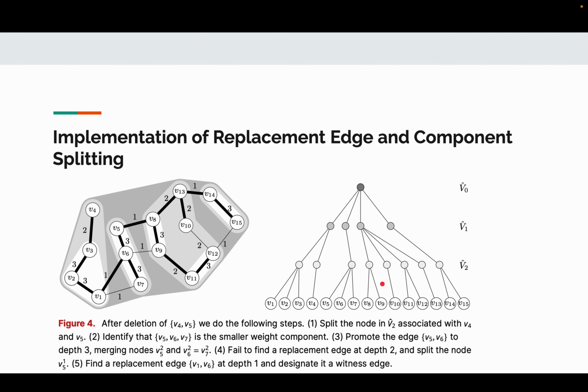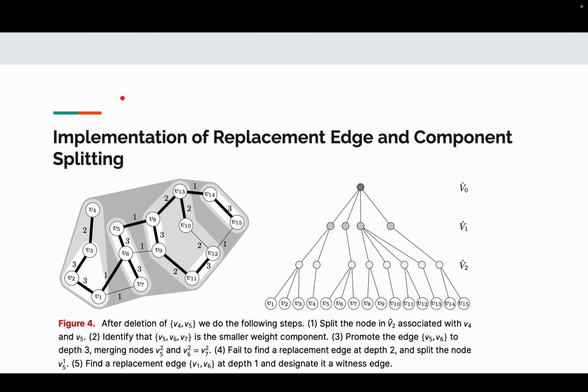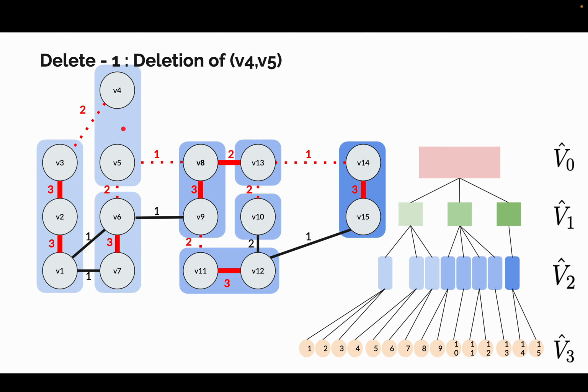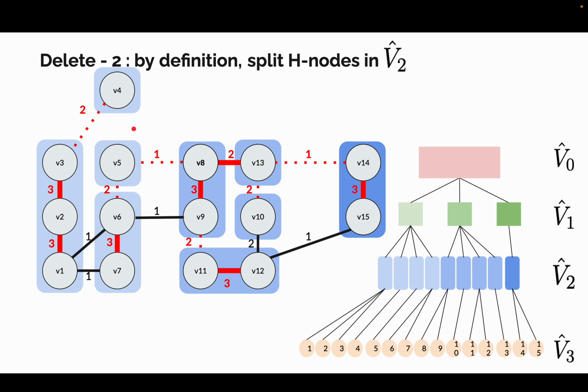And another example. After deleting, if in the next step we want to delete V4 and V5, let's see. All right. Initially there exist V4 and V5. I maybe just deleted this in the initial slide. And if we want to delete V4 and V5, by definition we have to split the edge node in V2 hat. Why?